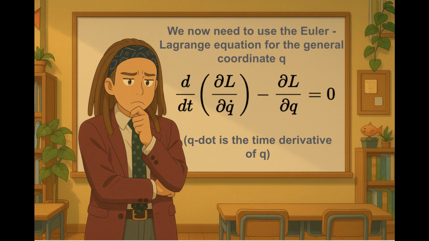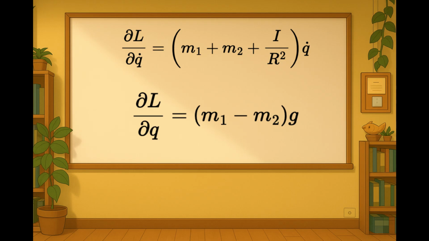d/dt of (dL/d(dq/dt)) minus dL/dq equals 0. Let's compute the terms. First, dL/d(dq/dt) equals (M1 plus M2 plus I over r squared) dq/dt. Taking the time derivative of this gives us (M1 plus M2 plus I over r squared) times d squared q/dt squared. Since d squared q/dt squared is the acceleration a, this term becomes (M1 plus M2 plus I over r squared) a.